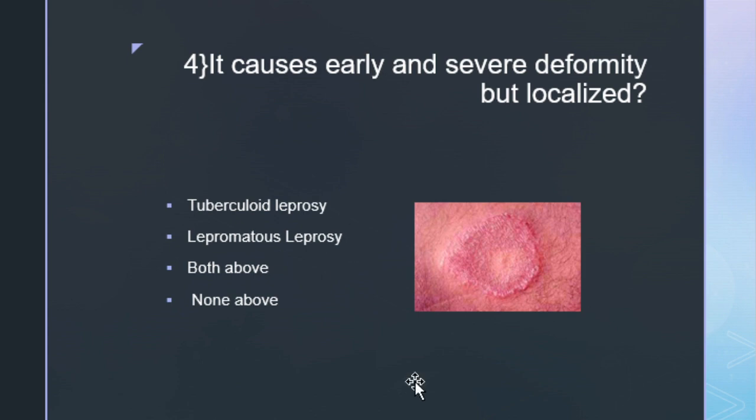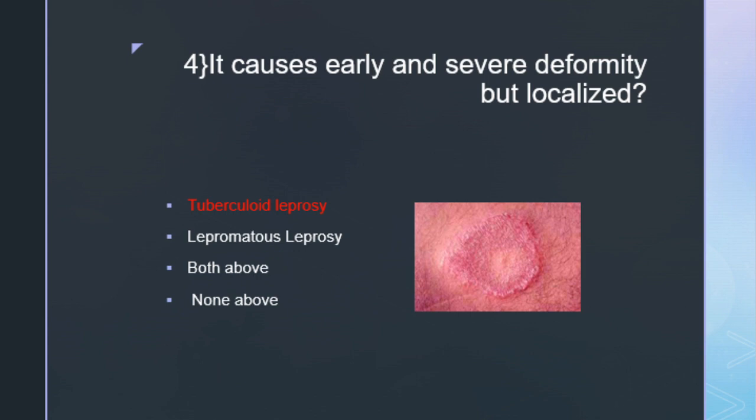Lepromatous leprosy causes mild and late deformities which are widespread, whereas tuberculoid leprosy causes early and severe deformity which is localized. Hence we are asked the severe deformity which is localized, and it is seen in tuberculoid leprosy. Therefore the first option is the answer, that is tuberculoid leprosy, which is seen somewhat like this.